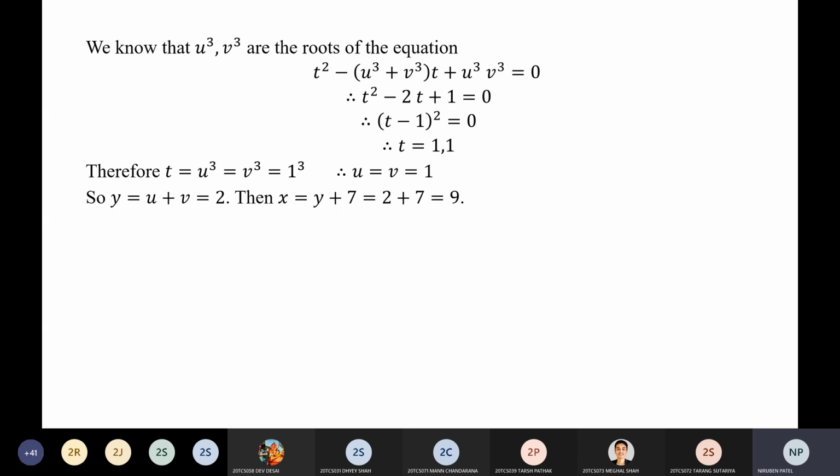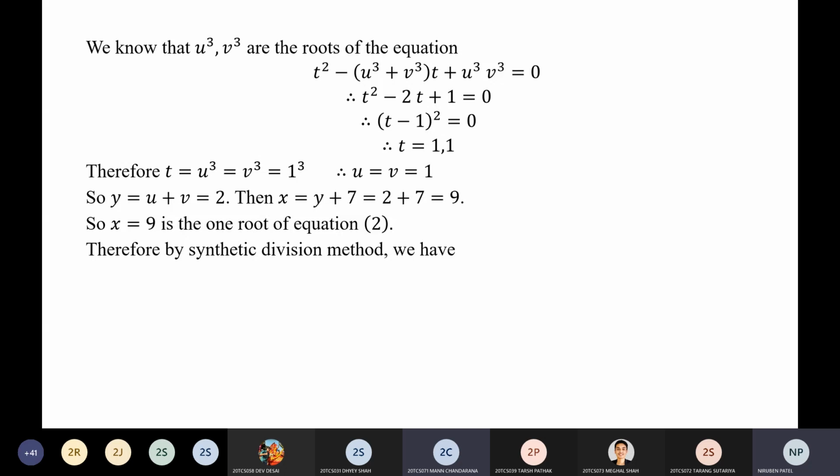So what about the remaining roots? 9 is one of the roots. So the remaining roots are, what beta?